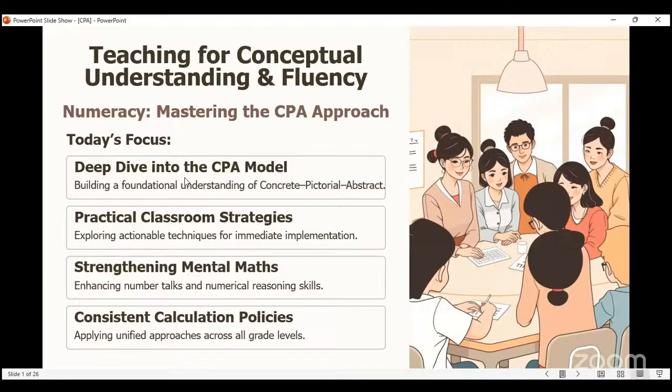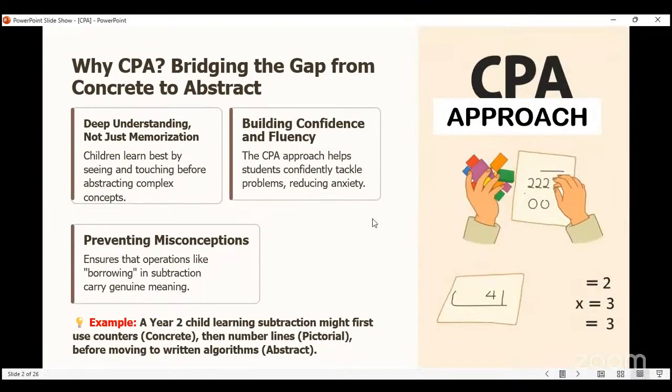Now today's focus. Our agenda this morning is simple but powerful.